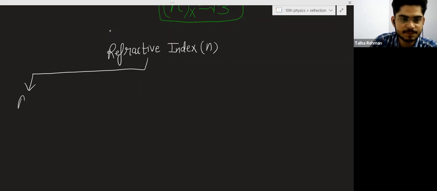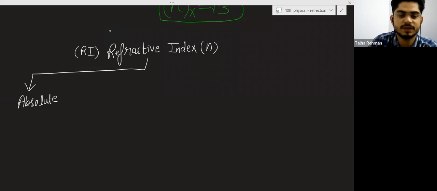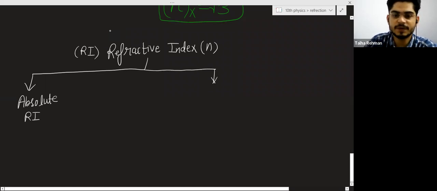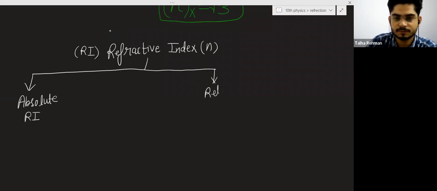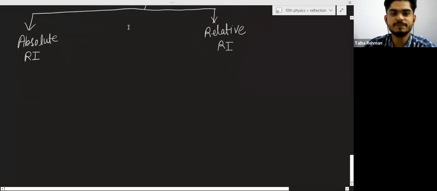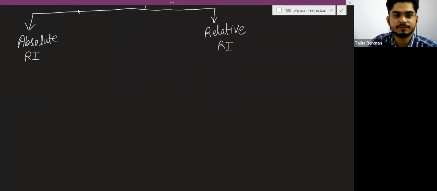Number one, absolute, and I will write this refractive index in short RI. RI means refractive index. Absolute refractive index and relative refractive index. Absolute refractive index is defined when a light ray is traveling from air to any medium.